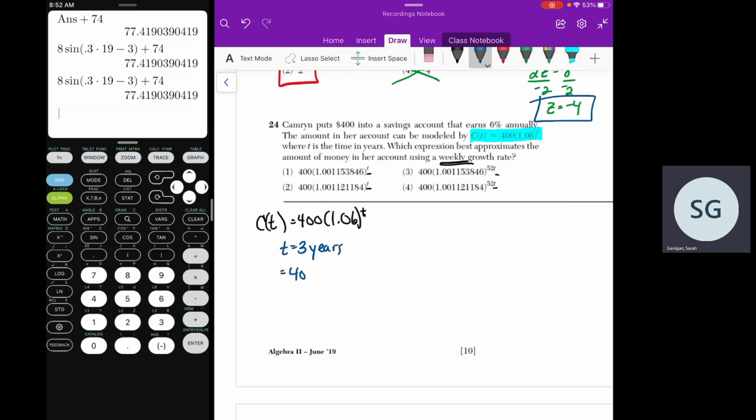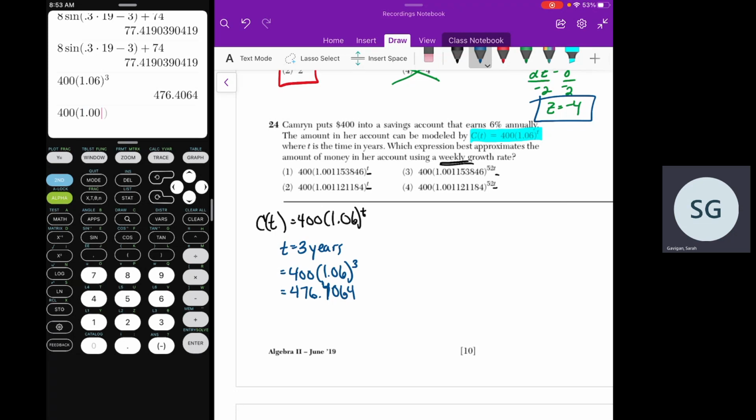So that would be C of 3, 1.06. Here's one way of doing the problem. Now this is not the intended way to do the problem, but it works. So in 3 years, she's going to have 476.4064. So we're just going to check each of them and see which one will get me that same value.